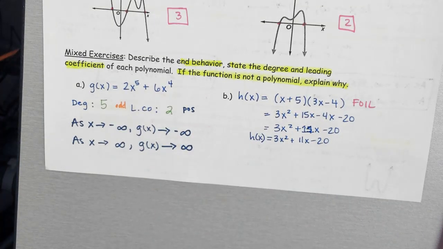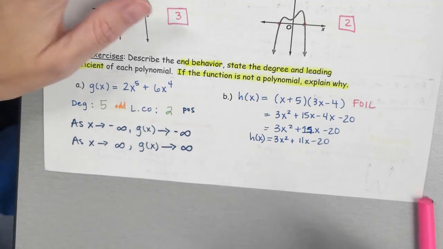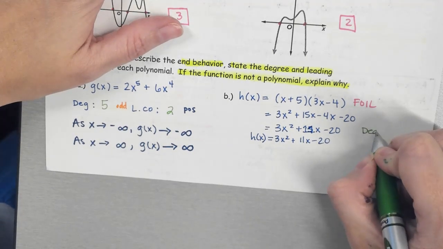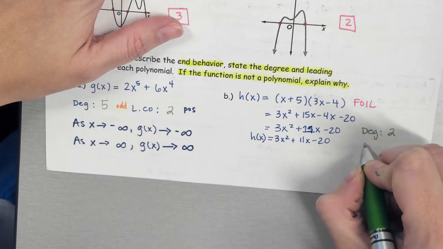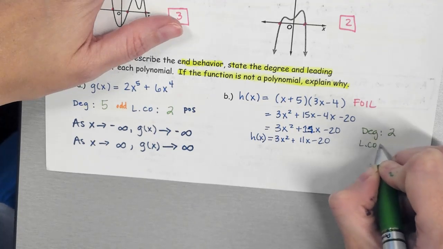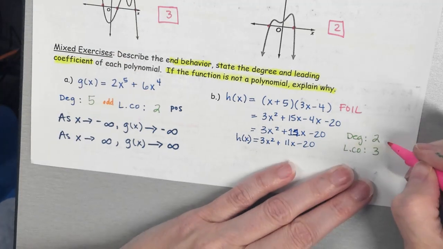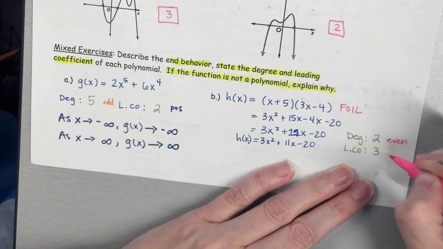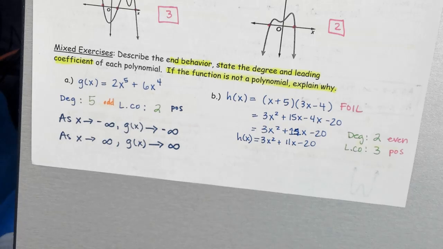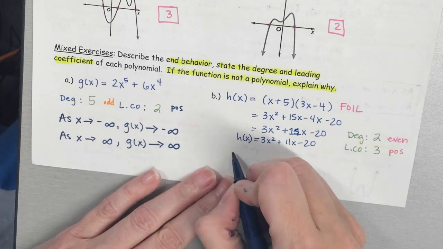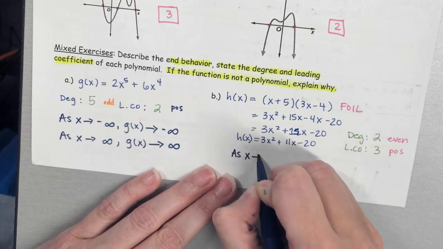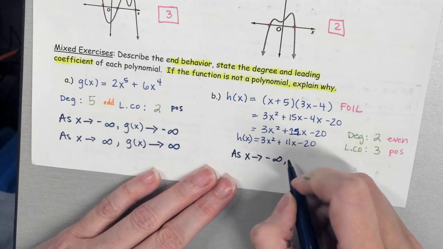All right, so then for this one, what was our degree? 2 is our highest exponent, which means our leading coefficient is 3. And then with the degree, you're asking is it even or odd? With the leading coefficient, you're asking is it positive or negative? Okay, and then your end behavior is always going to start as x goes to negative infinity.